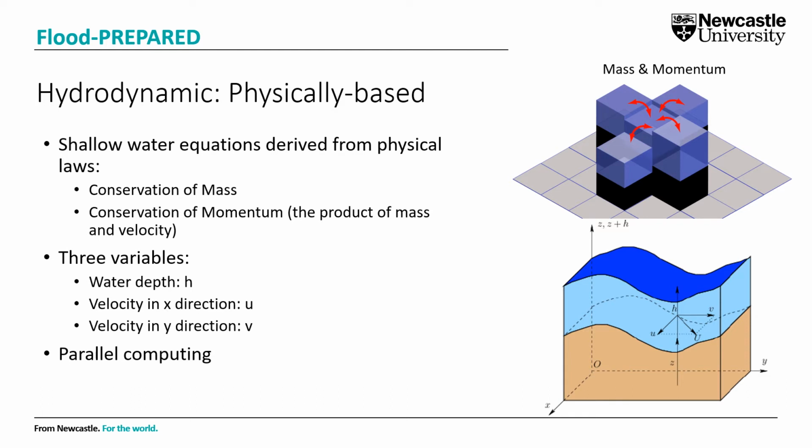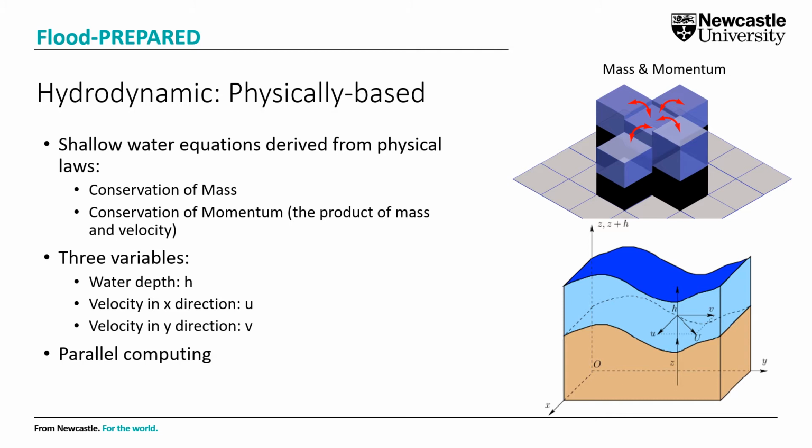Hydrodynamic model is fully physically based. It is implemented on a grid of quadrate or triangular cells representing land surface. The physics and mathematics behind the model are shallow water equations that are derived from physical laws, including the conservation of mass and the conservation of momentum.